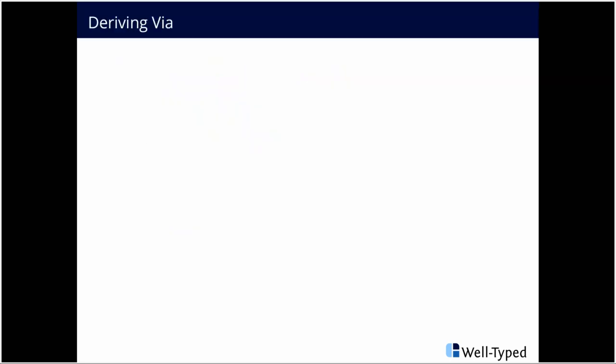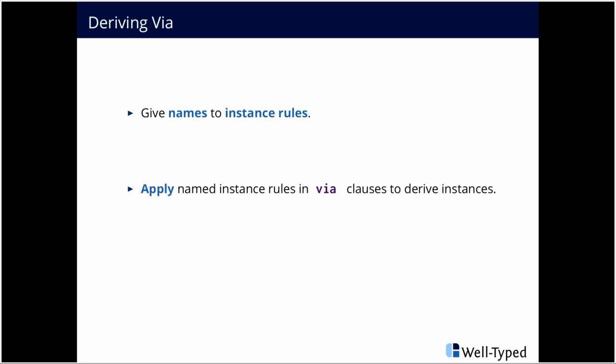deriving via. So what does it do as a language extension? You can give names to instance rules somehow, right? If we have rules such as, if there's always a Monoid instance if we have an Ord instance and a Bounded instance, something like that. And then you can apply named instance rules in via clauses in order to derive instances.